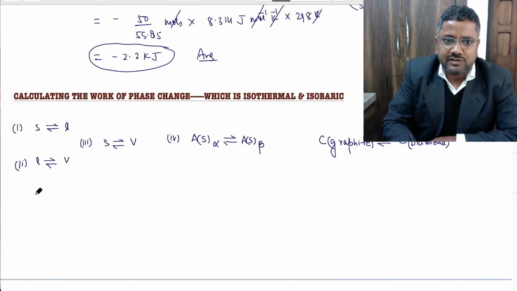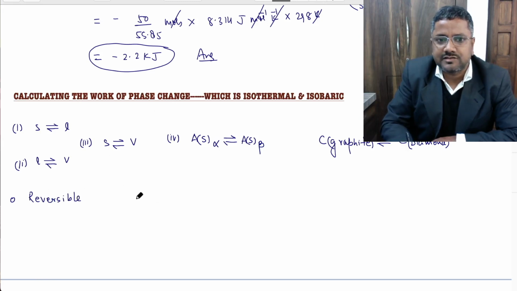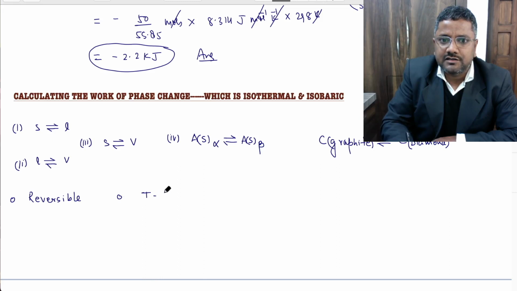Certain properties I am writing here for phase change. Phase change is a reversible process. T constant. It is defined under this condition.